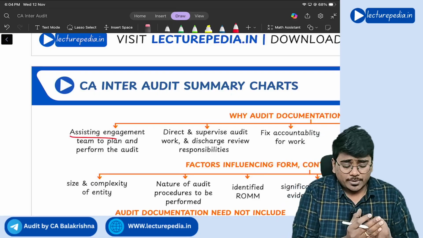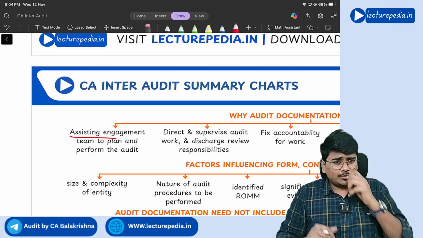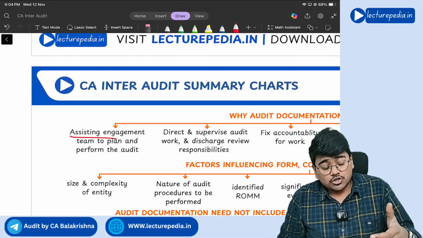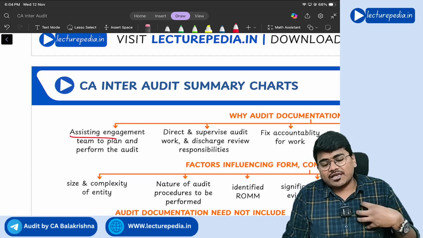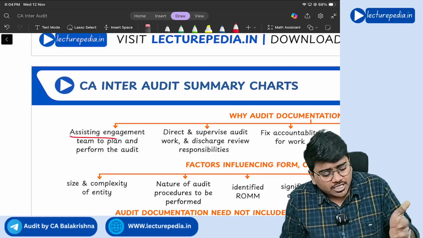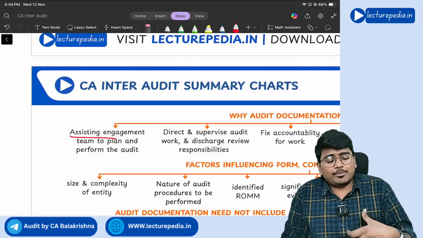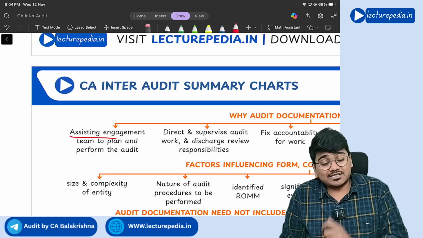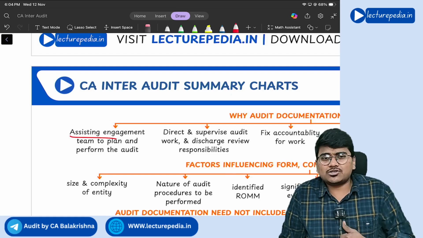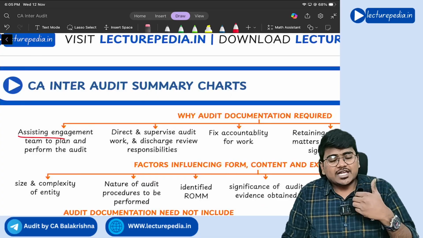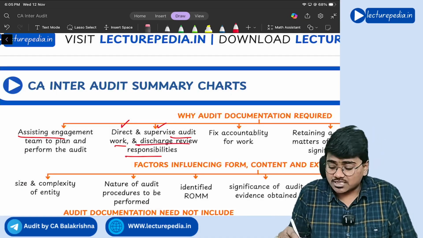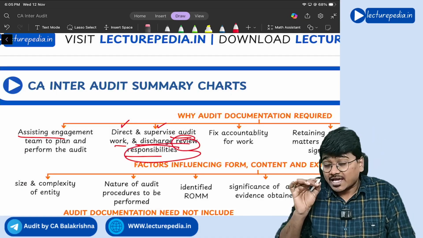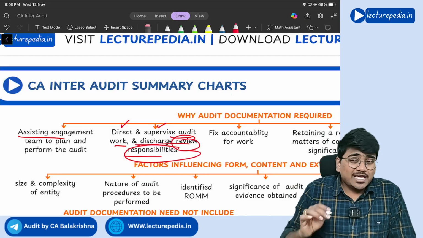So if you document the strategy, plan and the program, and the engagement team also documents whatever evidence they have obtained, it will help the engagement partner and also the engagement team to properly conduct the audit, to properly plan the further audit, right? That is one of the most important advantages of audit documentation. Next, audit documentation will also help to direct, supervise audit work and discharge review responsibilities. Review responsibilities means the audit will be done by article assistants.